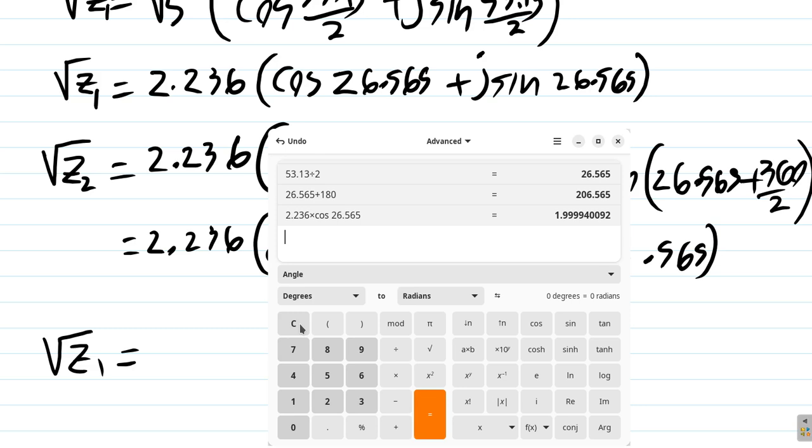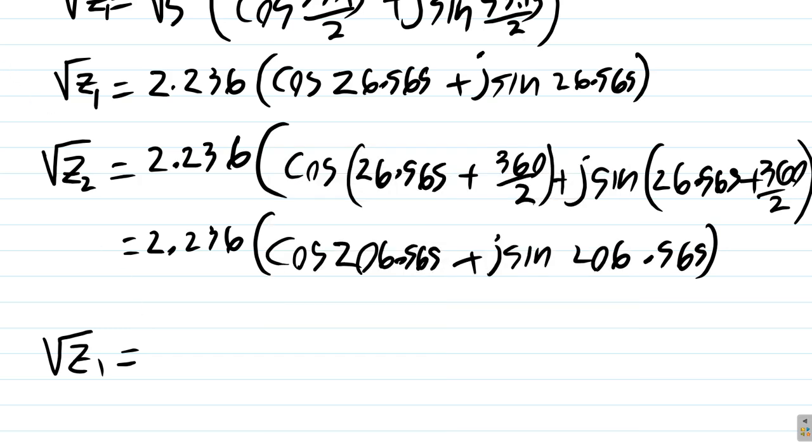And then we have 2.236 again times the sine of 26.565 equals 1. So it's 2 plus j1.